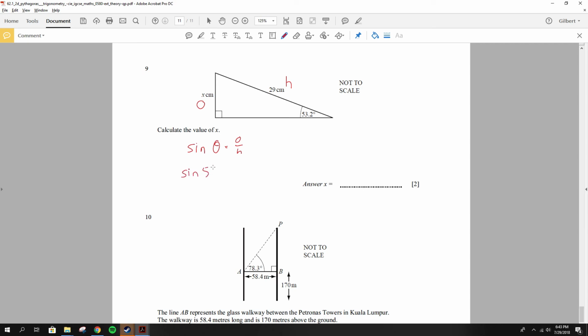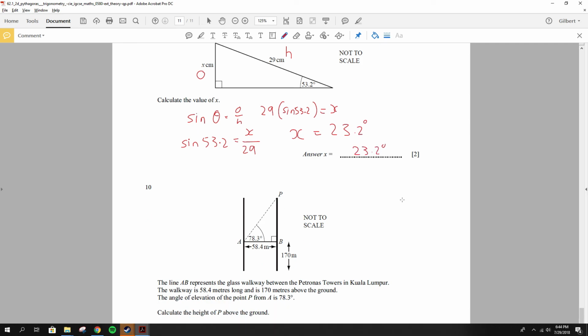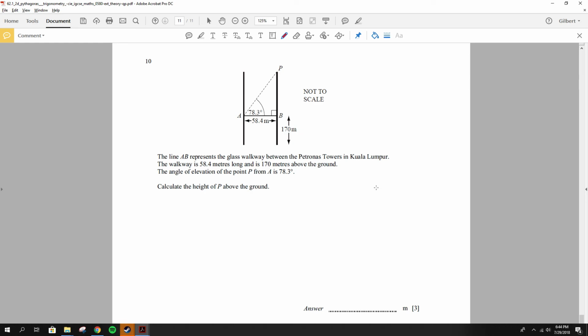Sine 53.2 equals x over 29. x equals 29 times sine 53.2. Type this into your calculator: sine 53.2 times 29. x equals 23.2 degrees. 23.2 degrees.